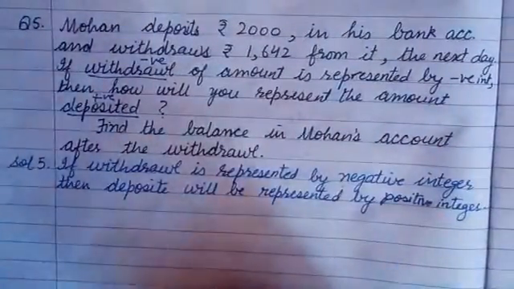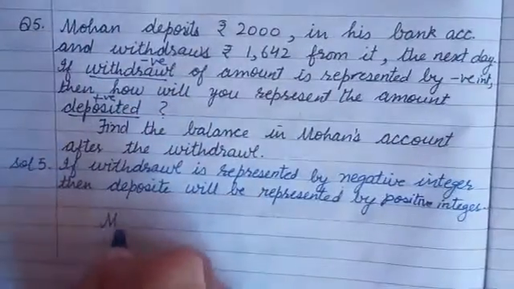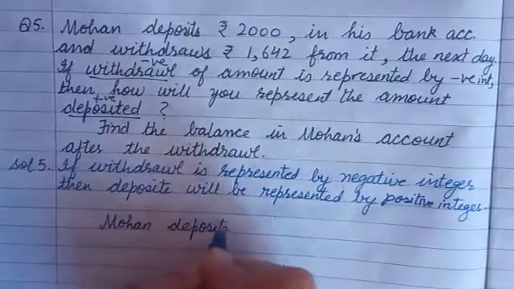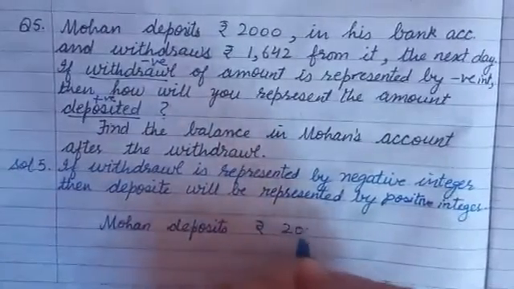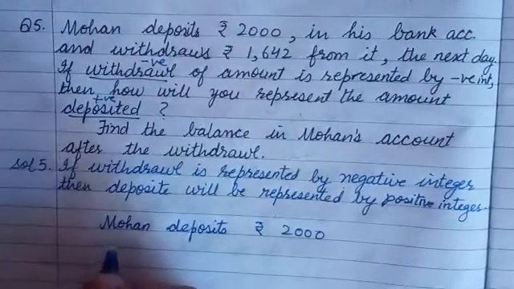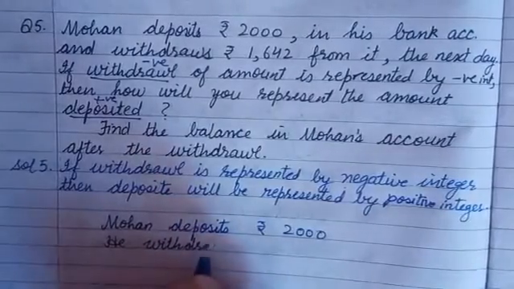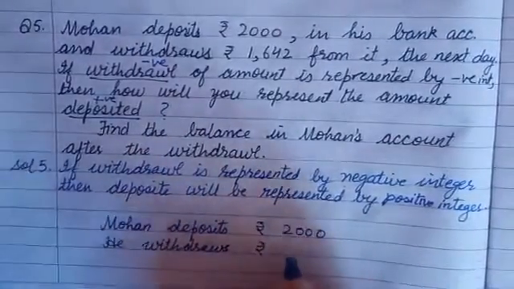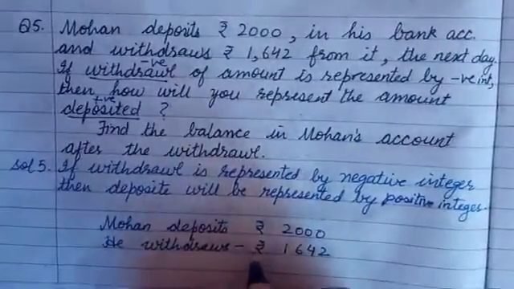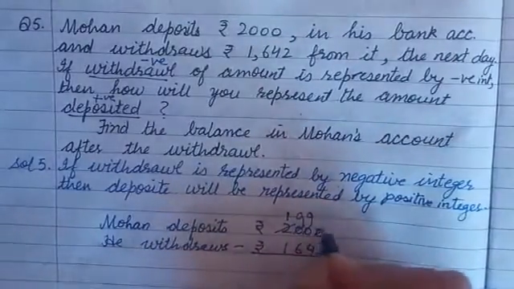Now let us see the given things. Mohan deposits, for calculating balance, Mohan deposits ₹2,000. He withdraws ₹1,642. Withdraws means minus, subtract. So now let us calculate.